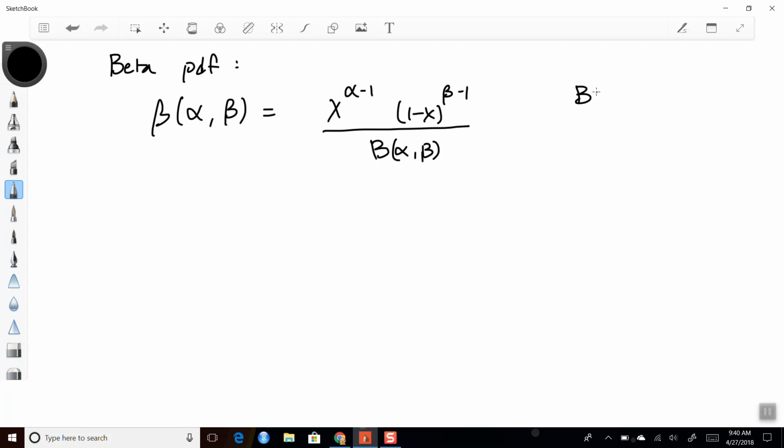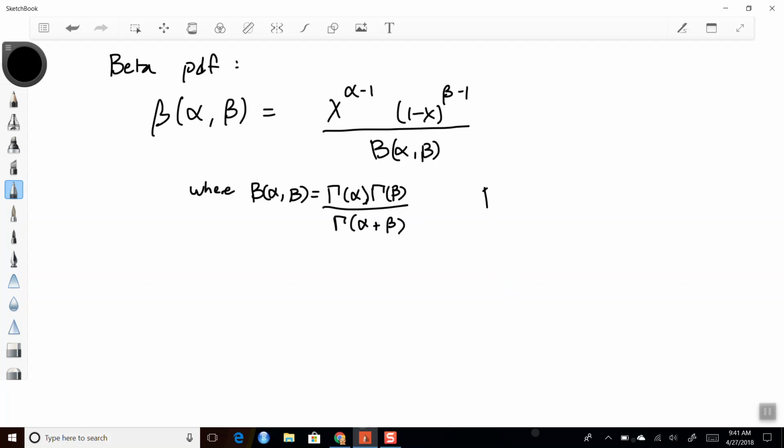Okay, and then the beta of alpha comma beta is gamma alpha times gamma beta divided by gamma of alpha plus beta, okay?